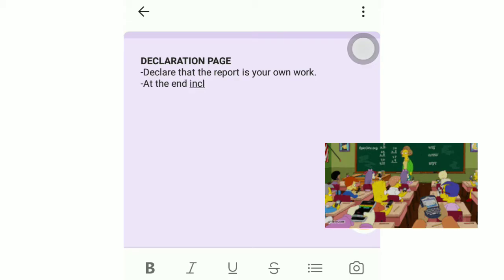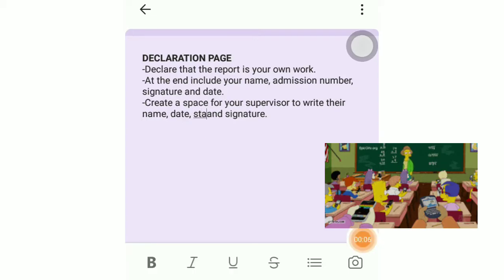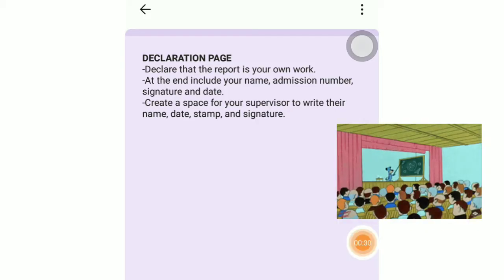It could be one paragraph, and then afterwards you have to include your name, a place where you write your name, your admission number, your signature, and your date. And also you need to create a space where your supervisor is going to write their name, the date which they are looking at your report, and the organizational stamp, and also a place where they can sign. So this is all about the declaration page.